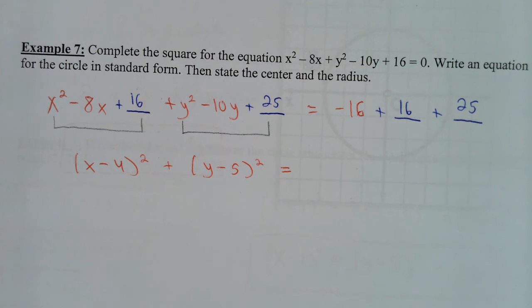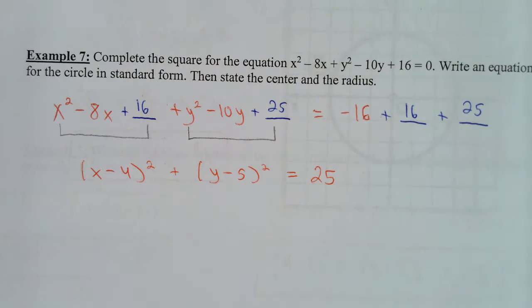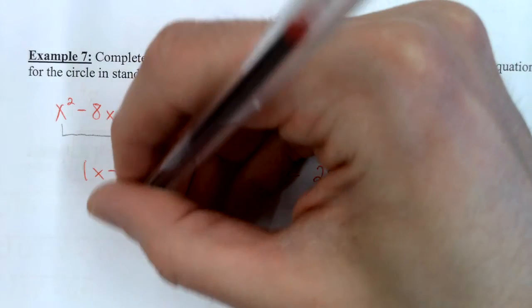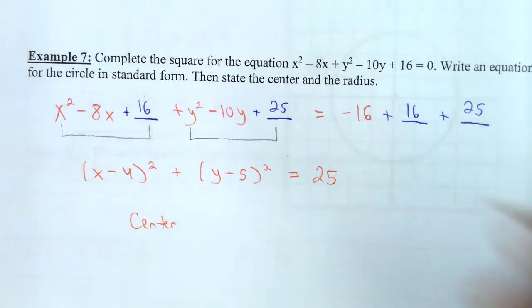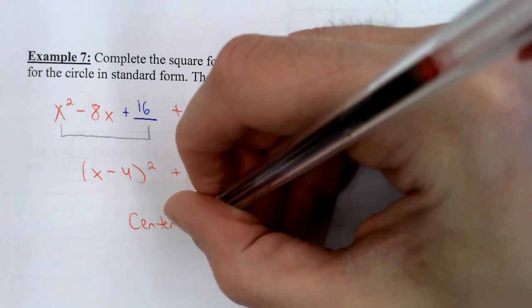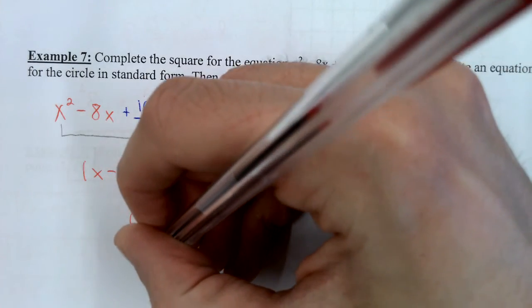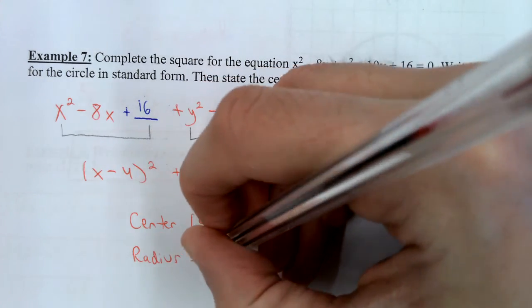Negative 16 plus 16 is 0, plus 25 equals 25. So that's my standard form of the equation of the circle, and it has a center of 4, 5. Opposite signs, and the radius equals the square root of 25, which equals 5.